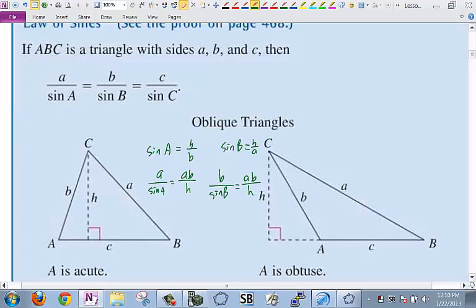Okay? Now, what can we use it for? Clearly, in order to use the law of sines to solve a triangle, you pick two of these, right? And when you pick two of these, how many unknowns are there going to be in your mathematical statement? There's going to be four, right?